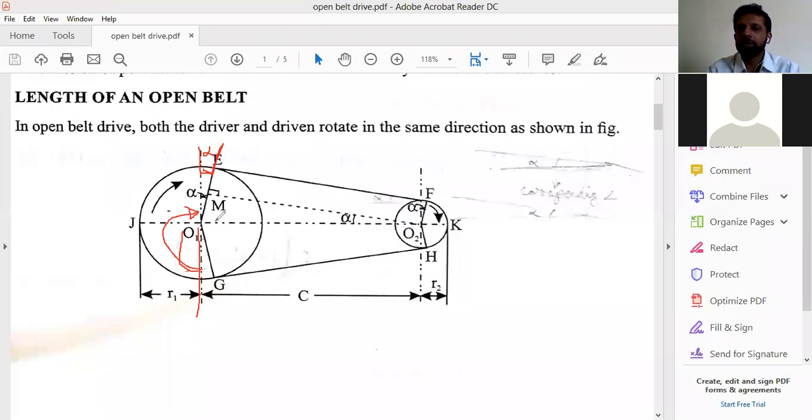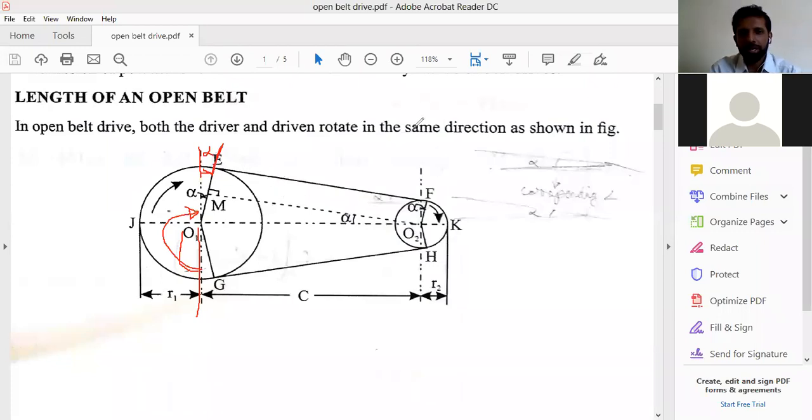But the belt is going to be in contact with more than 180 degrees. Just look at this: J to E is 90 plus another angle alpha, J to G is 90 plus another angle alpha. So this complete arc GJE is going to be 180 plus this alpha angle, on two sides.